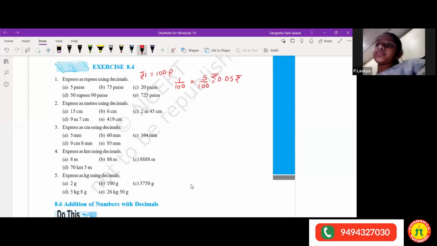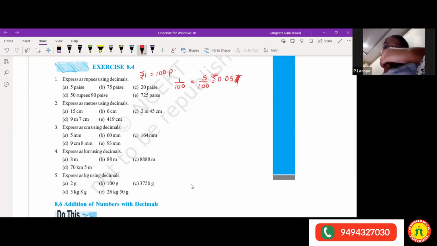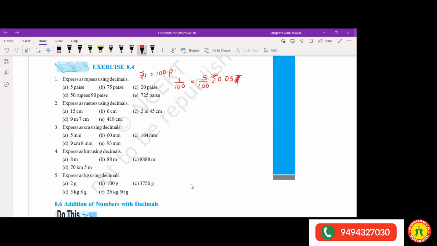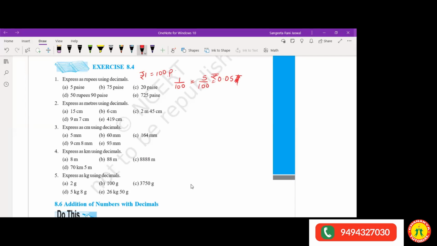Rupees is always written in front, paise is written at the back. Now 75 paise will be what? 0.75. Very good. When you divide by 100, after 2 digits, you put the decimal point.